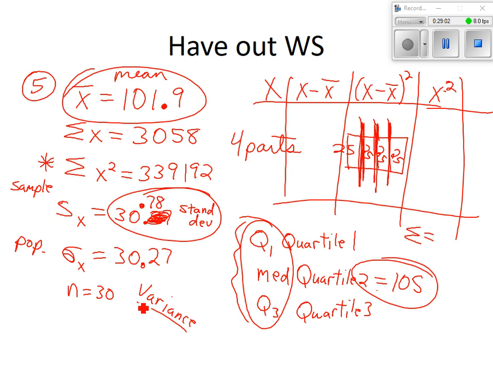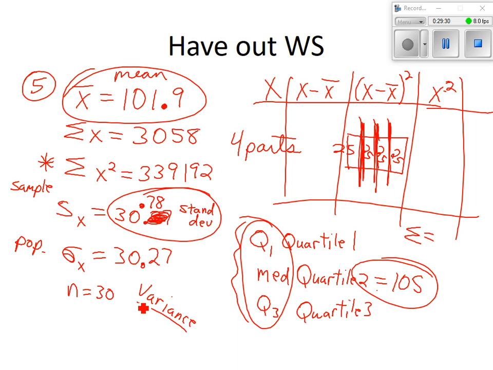We could go back through and do the whole chart again, but if you're doing it using the chart, you find the variance first, and then you take the square root to get the standard deviation. If we're using the calculator, it tells us the standard deviation, so we're just going backwards.